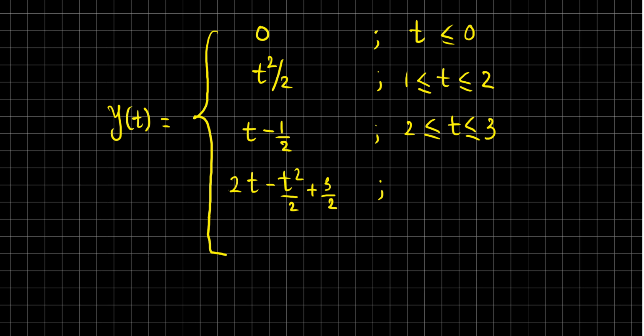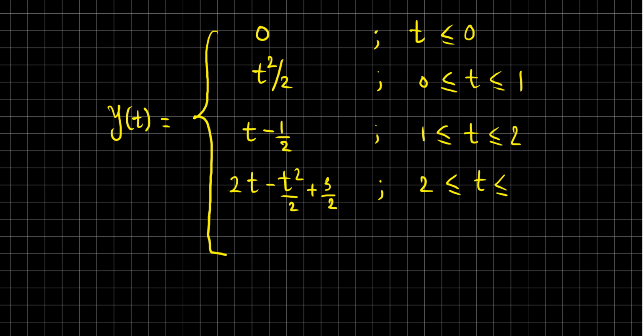The ranges here are not written properly. So here it is going to be from 0 to 1. Here it is going to be from 1 to 2, and from 2 to 3 it is going to be 2t minus t square by 2 plus 3 by 2, and it is going to be again 0 for t greater than or equal to 3. Now this is the complete solution.